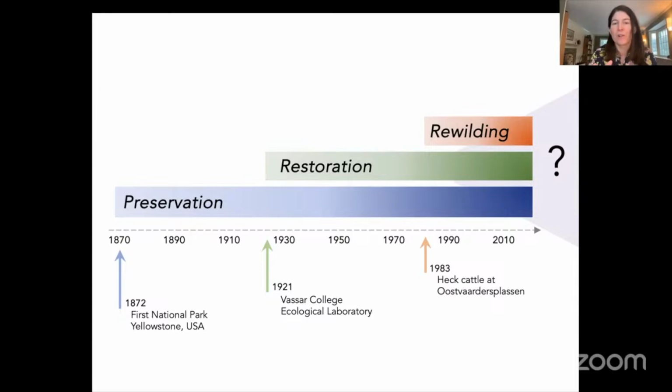And then the third change over the 20th century, particularly relevant to this workshop, is that restoration, ecology, and landscape architecture shared many common origins, and in some ways were the same field in the early 20th century.